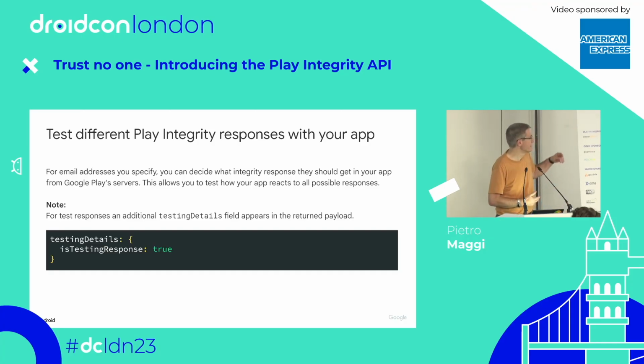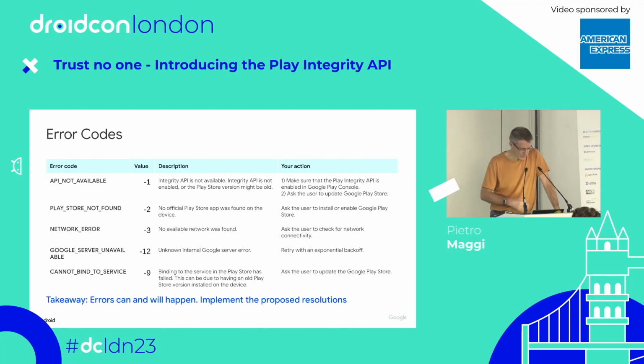Okay, you can set up a particular device, a particular account, and set that request in the Play console. You are going to get back the JSON with this additional parameter, this testing details that is telling you that this is a test answer. So just to identify this clearly.